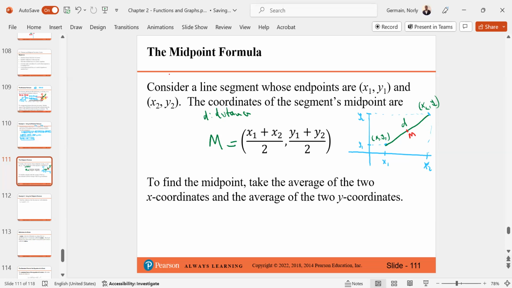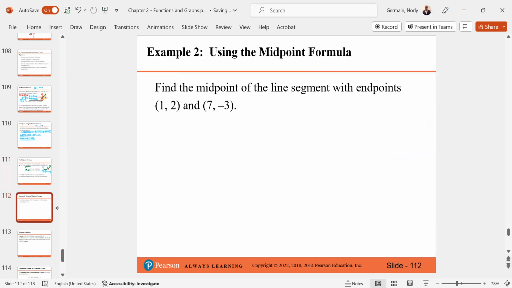Let's suppose we have these examples. Find the midpoint. They could ask you also to find the distance for these 2 points. So we know the midpoint, that I would call M, is x1 plus x2 over 2, y1 plus y2 over 2.